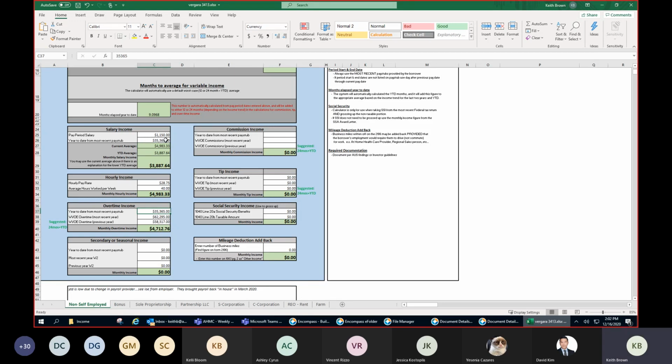Then I would be going to a lower number. I would use my year to date, because even though I'm doing 2 years plus year to date, if the year to date is lower than the 2 year plus year to date, I use the lower. So that's a good question.